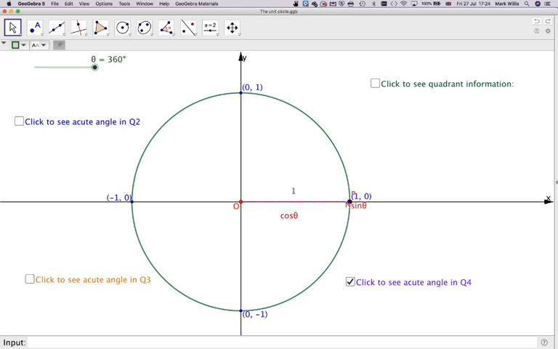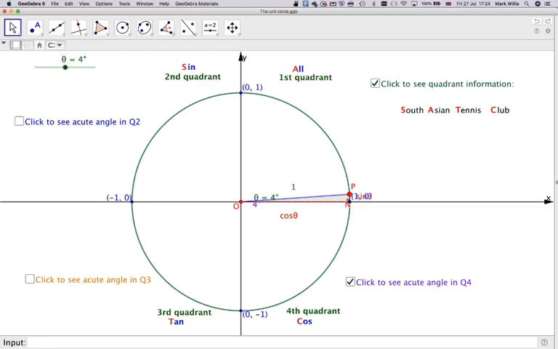Angles that go anti-clockwise are considered to be positive. Angles that go clockwise, sort of counterintuitive, are considered to be negative. Now, if I click this, we get this idea of sine, all, tan, cos.